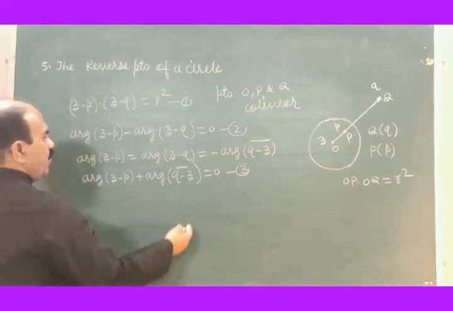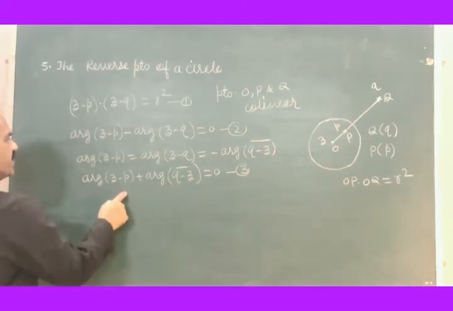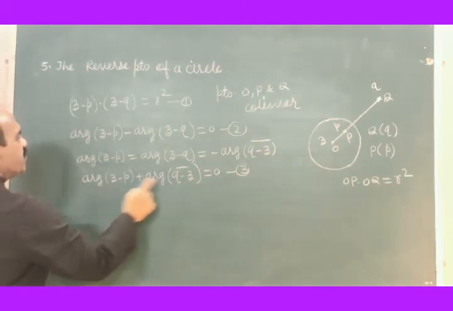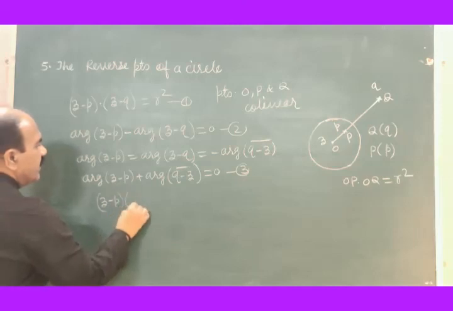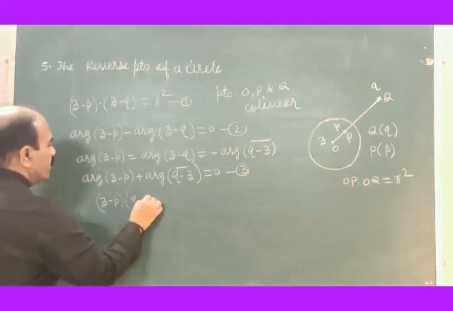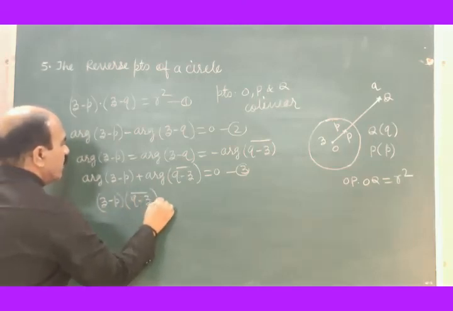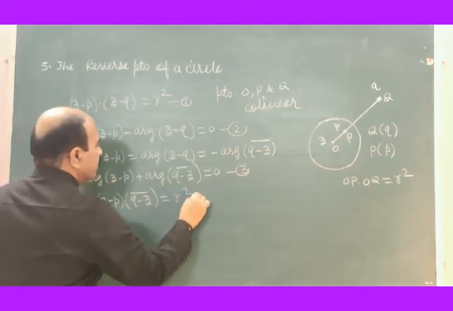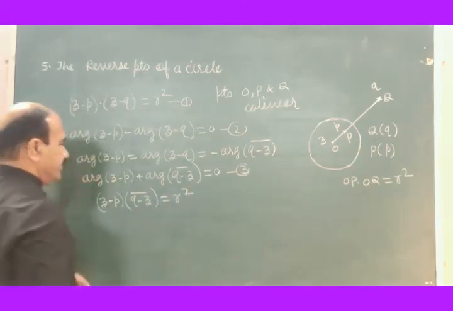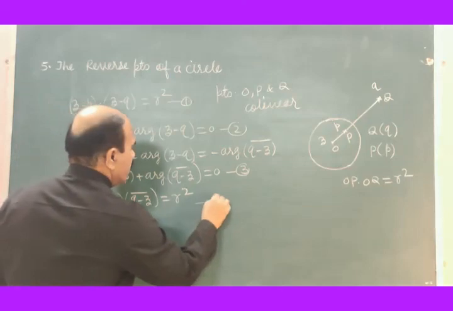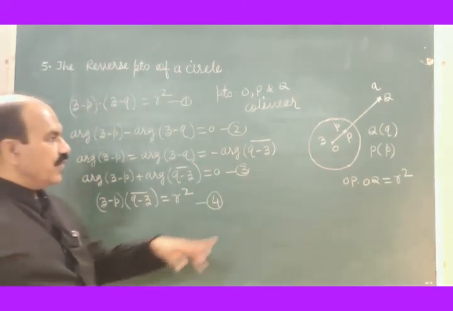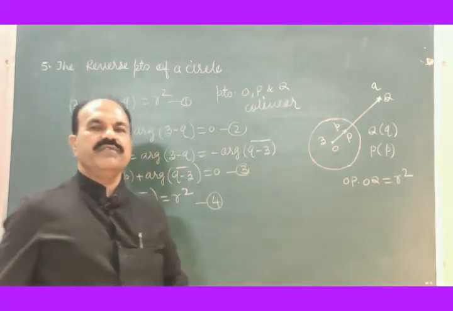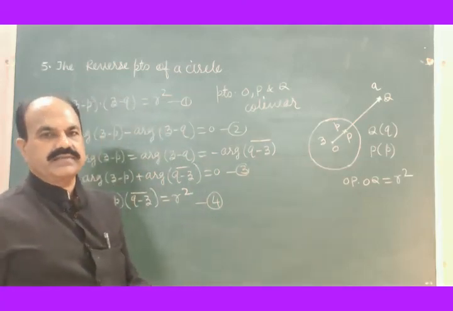And therefore, these two are real. As these two are real, we can write Z minus p into q minus Z whole bar is equal to R square, equation number 4. That is, OP into OQ is equal to R square.